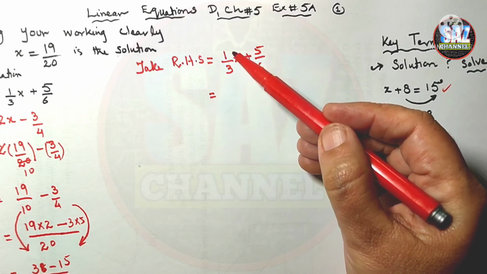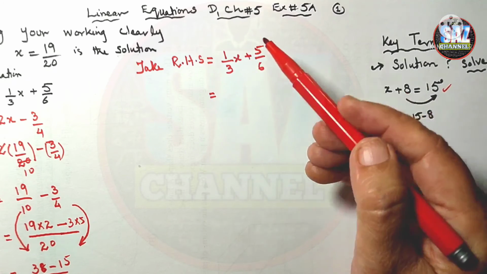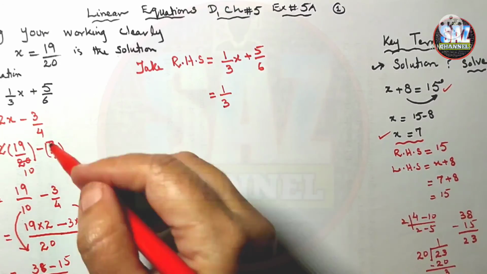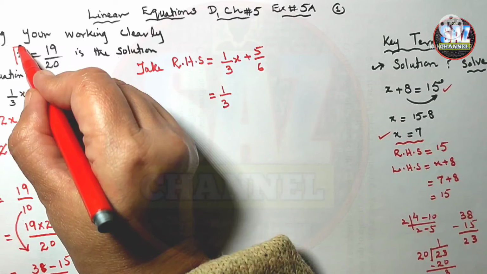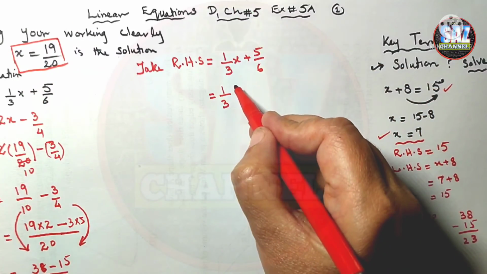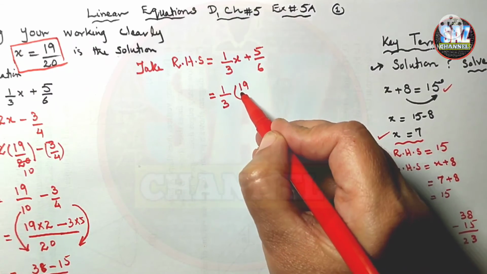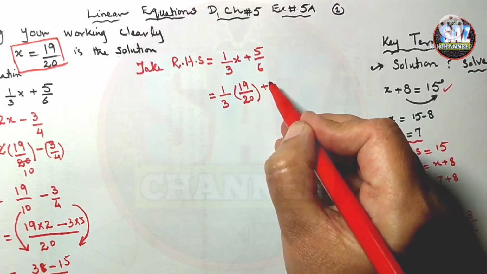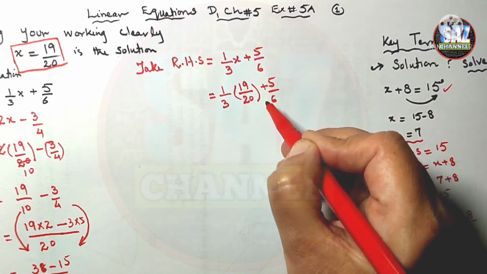This x is actually multiplied with the numerator. So instead of x, I have to replace the solution given in the question, that is 19 by 20. 1 by 3 into 19 by 20 plus 5 by 6.